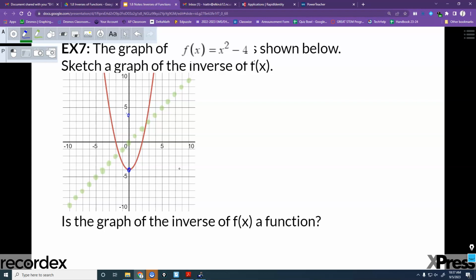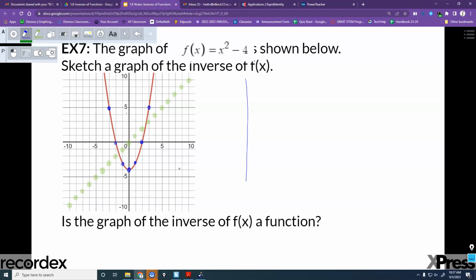So, let's find points on this graph. Let's see, ones where we hit grid lines. So, these are on our original. Should use red there.